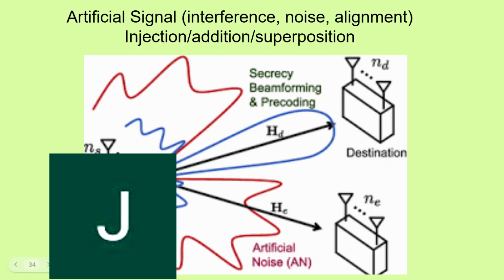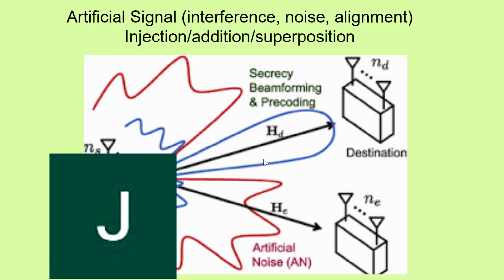As you can see in the figure over here, we have a transmitter source Alice trying to send securely a signal to the destination, and we have Eve. Alice has multiple antennas, Bob has multiple antennas, Eve has multiple antennas. What we try to do is send our signals in such a way that only the legitimate receiver can capture it.